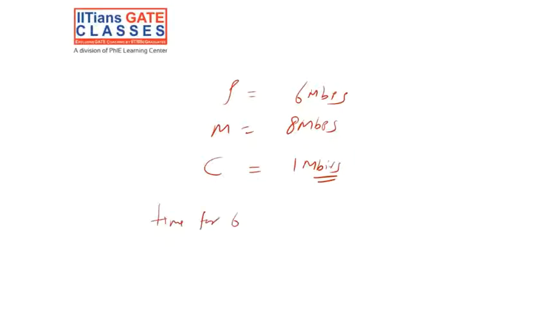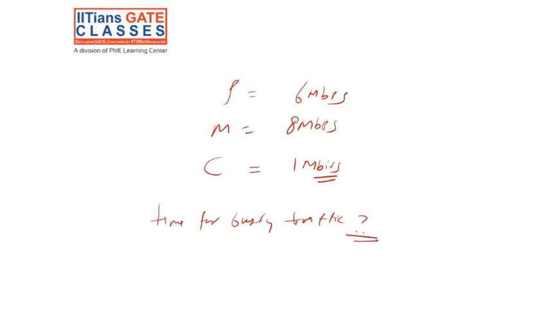In the C1 example, your token rate is 6 Mbps, your output rate is 8 Mbps, and the initial capacity of the bucket is 1 megabit. Tell me the time for bursty traffic.